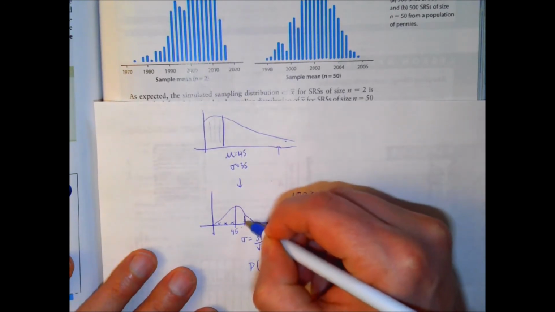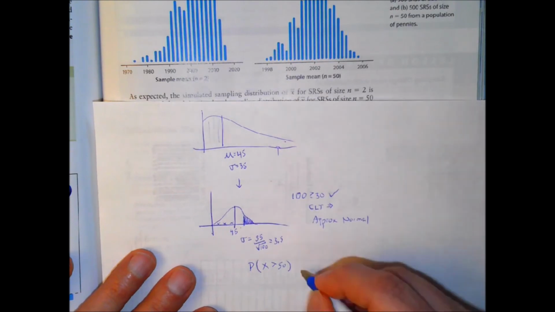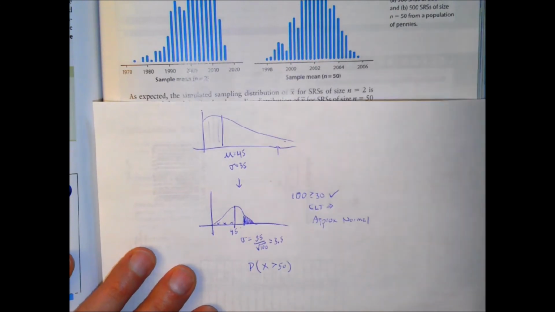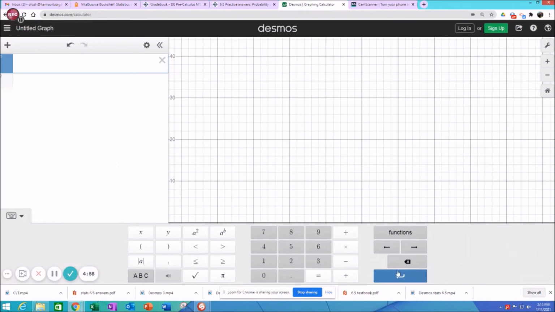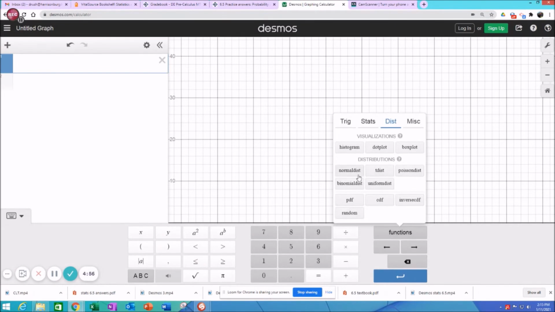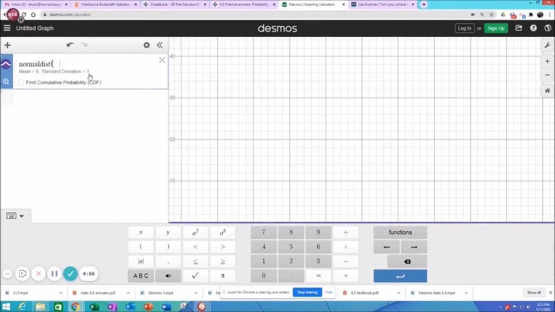So I go to Desmos just like I've been doing all these other days and find that. Okay, so we said it's approximately normal because of the CLT. Our mean number of texts was 45 with a standard deviation of 3.5 text messages.